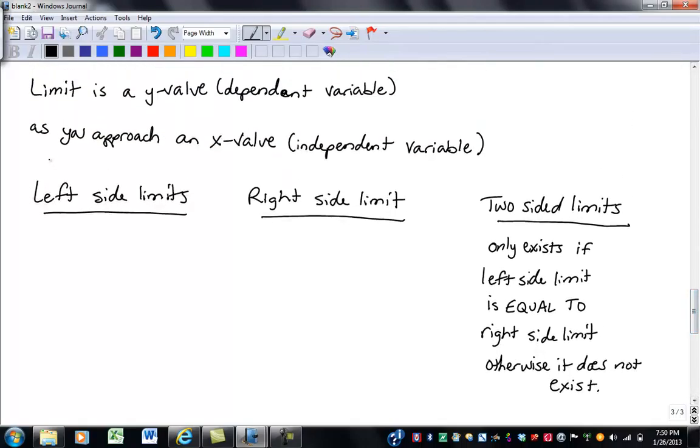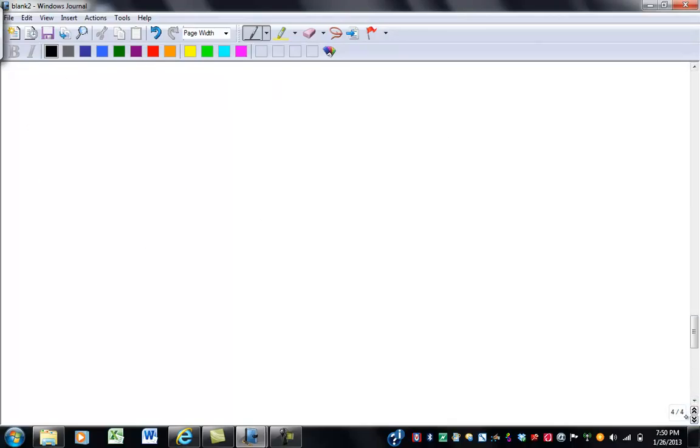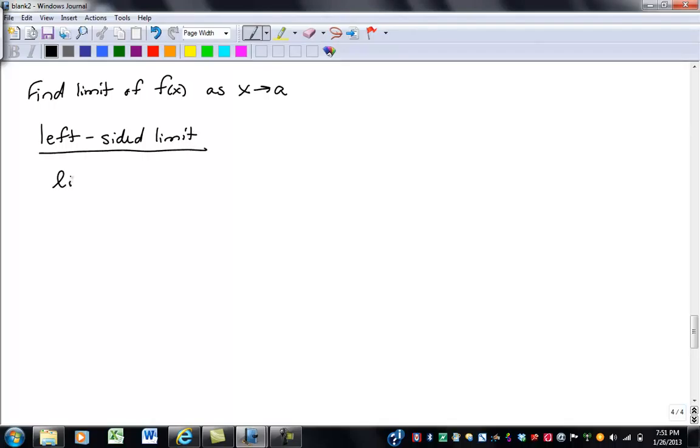So if I want to find the limit, so we'll go to the next page. If I want to find the limit of some function, we'll call it f of x, as x approaches some number a. The left-sided limit is notated as the limit as x approaches a with a little superscript negative sign of f of x.